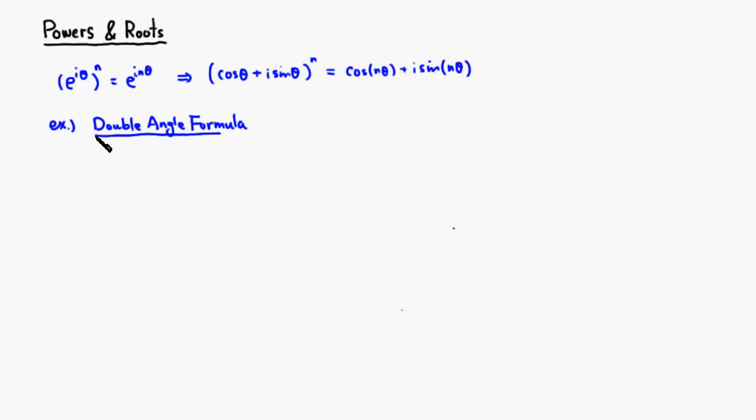It goes something like this: sine of 2 theta is equal to 2 sine of theta times cosine of theta, and cosine of 2 theta is equal to cosine squared of theta minus sine squared of theta.